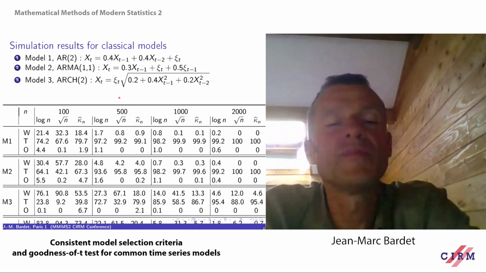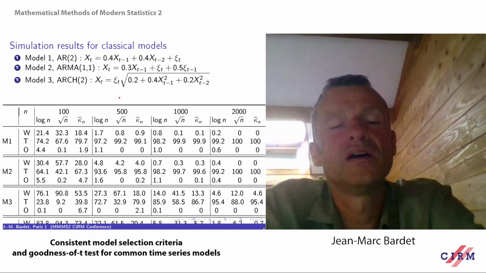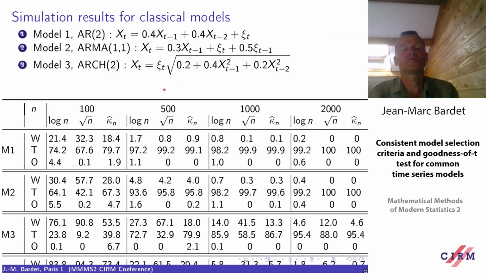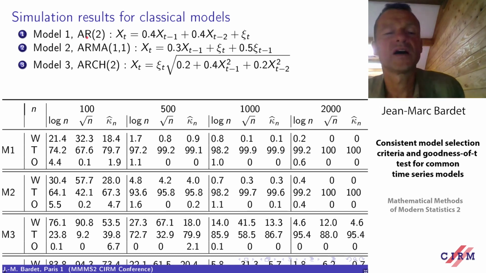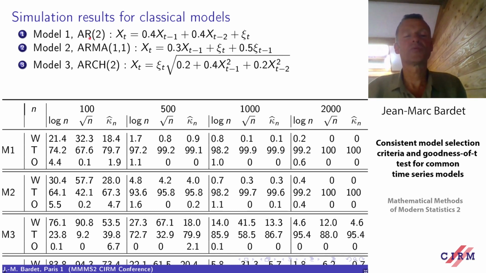So we have done many simulations, and for instance, we will generate an observed trajectory that will be an AR2 process with these relationships, and now we will try to recognize this model in the family of ARMA processes, only ARMA processes, with P and Q less than 10.